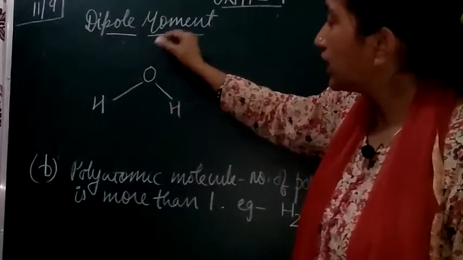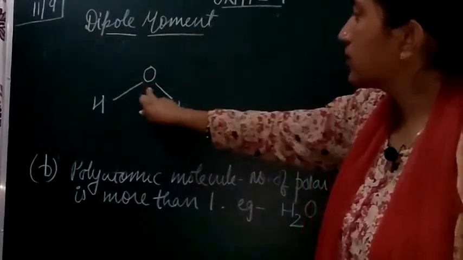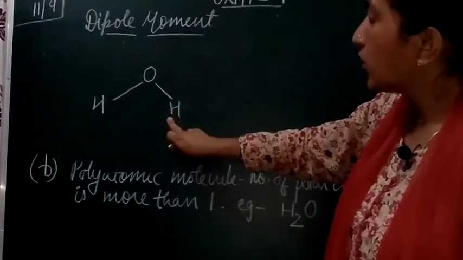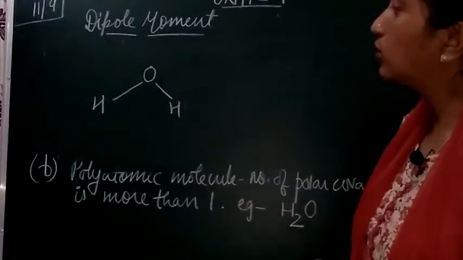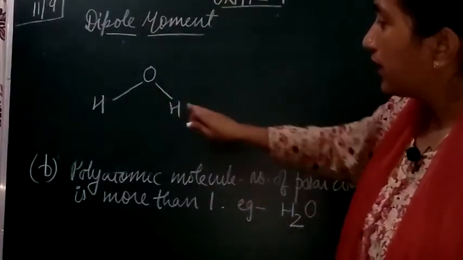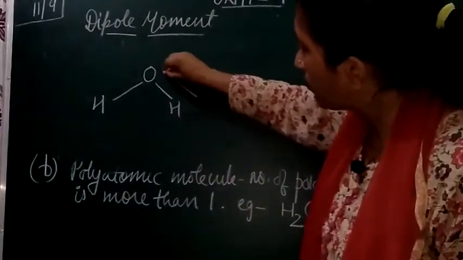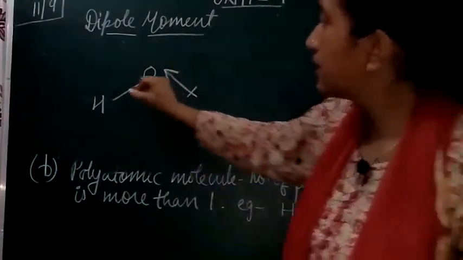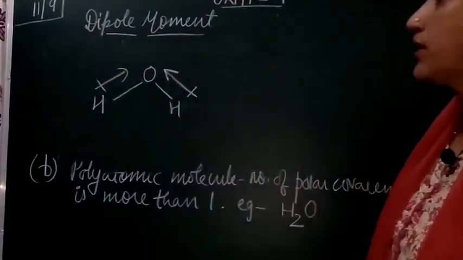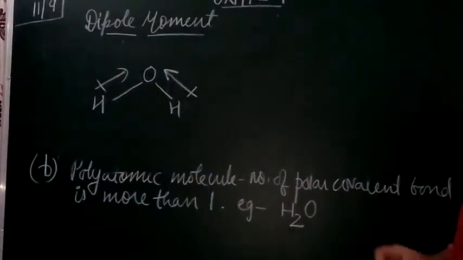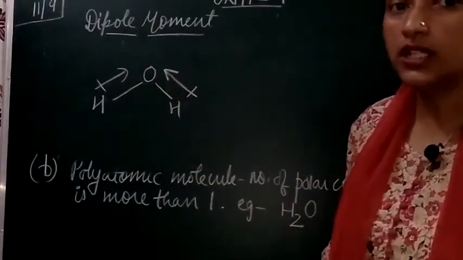So here we have the lone pairs, and the O-H and O-H bonds. Let us first draw the dipole moment of the two O-H bonds. What is the direction of the dipole moment? It will be toward the more electronegative element, in this way. Also remember that a lone pair adds to the dipole moment.